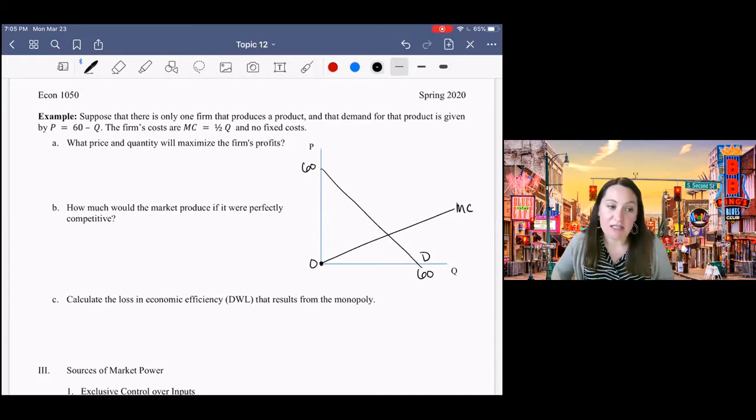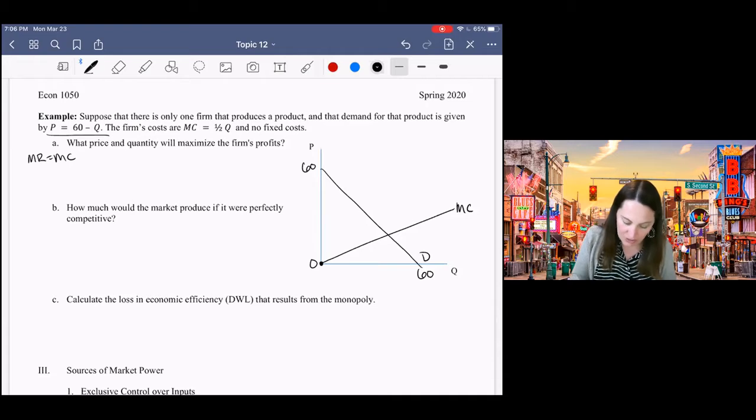And then the first question is, what price and quantity would maximize the firm's profits? So remember, we have identified that this firm is indeed a monopoly, so we're going to be setting marginal revenue equal to marginal cost. In order to do that, we need to find our marginal revenue equation, which is the demand curve, but with the slope multiplied by 2.